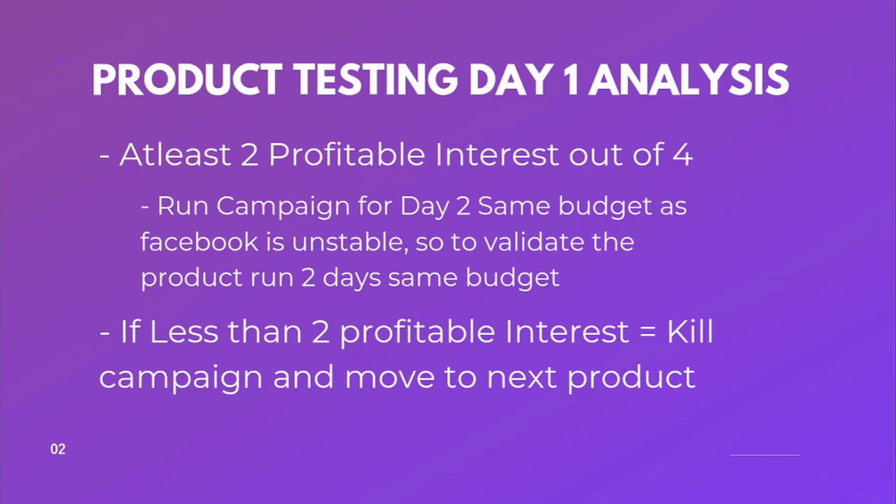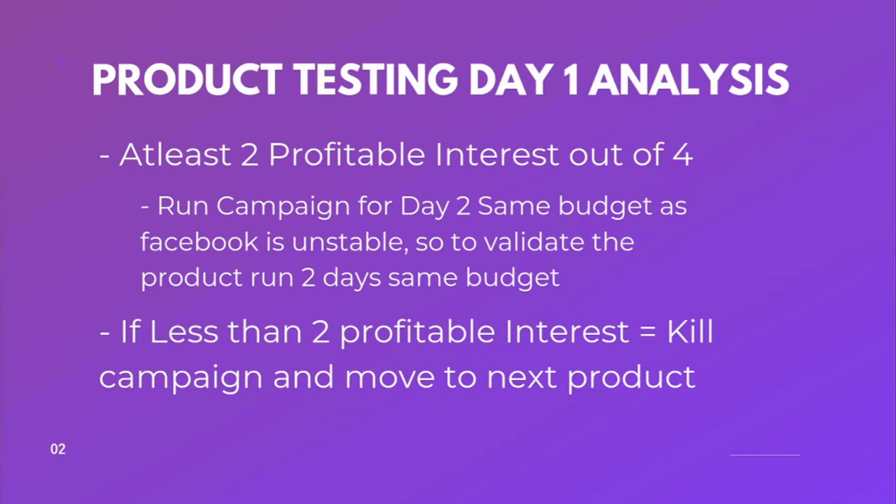Let's say I have 2 profitable interests within the drug interest out of 4 interests, so I will find similar interests to the interest that is working, and I'll duplicate it in that campaign itself. So that's that. And if we have less than 2 profitable interests, we'll kill the campaign and move on to the next product.